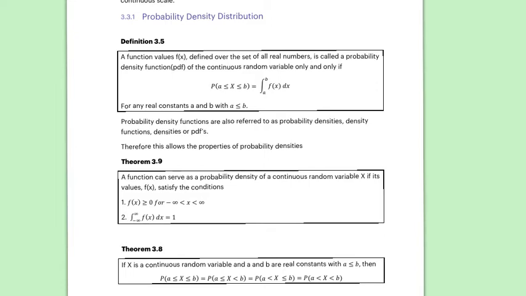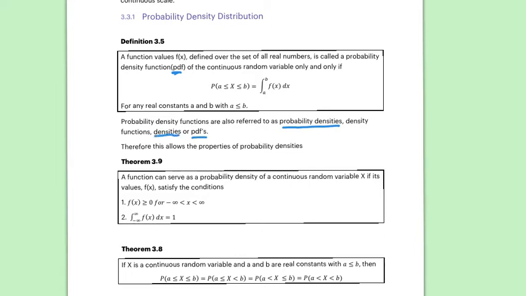A function f(x) defined on the set of all real numbers is called a probability density function of the continuous random variable if and only if the probability of a less than or equal to X less than or equal to b equals the integral from a to b of f(x) dx, for any real constants a and b with a less than or equal to b.